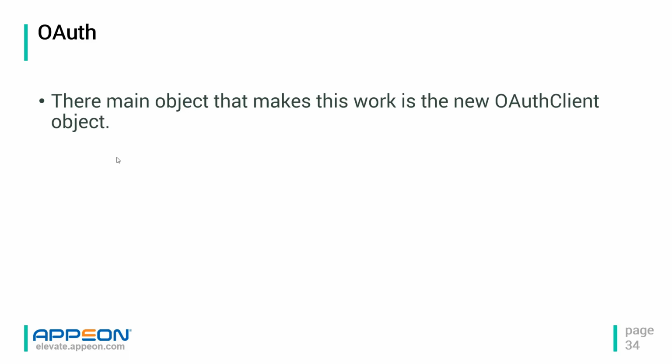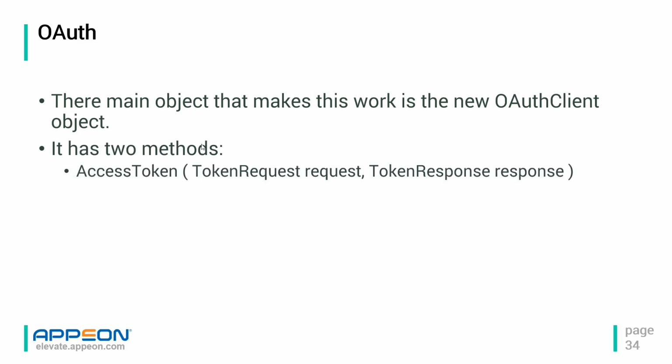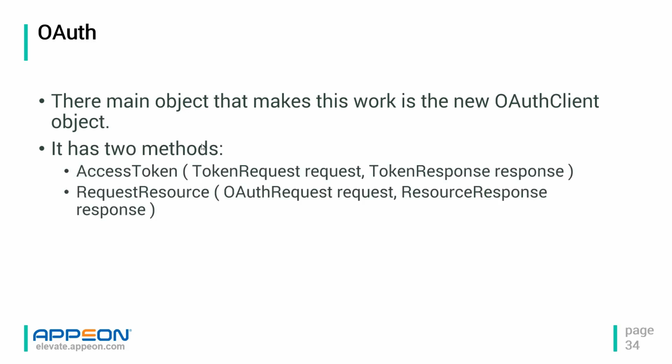And so, in order to use OAuth, one of the things that's available to us is an OAuth client. There's a couple other changes as well that allows us to do OAuth. So OAuth has two methods. You request an access token, and to do that, there's a token request object and a token response object.